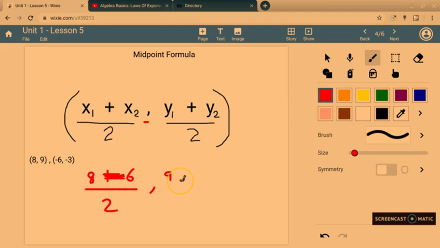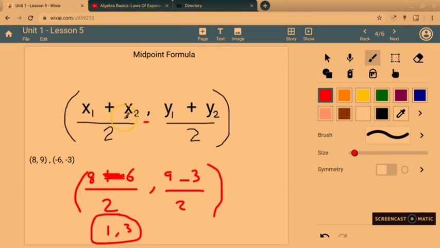And then you have the plus -3 again, so you just make it the minus. And then over 2. All in parentheses. Good. And 8 minus 6 is 2. 2 over 2 is 1. And then 9 minus 3 is 6. 6 over 2 is 3. These are the coordinates of this midpoint that we're talking about right here.